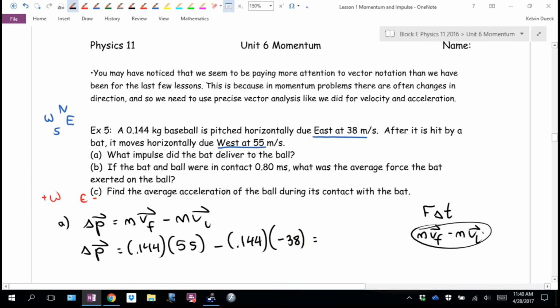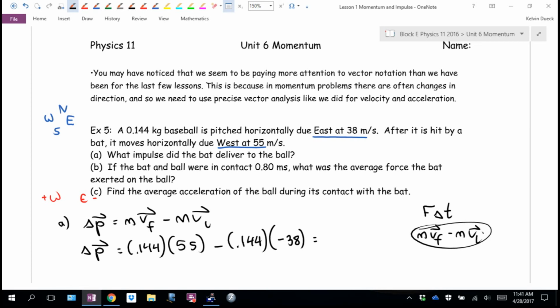How much impulse did this bat deliver to the ball? What change in momentum did this baseball undergo? What do you get? 13.4? Positive or negative? You got a positive?